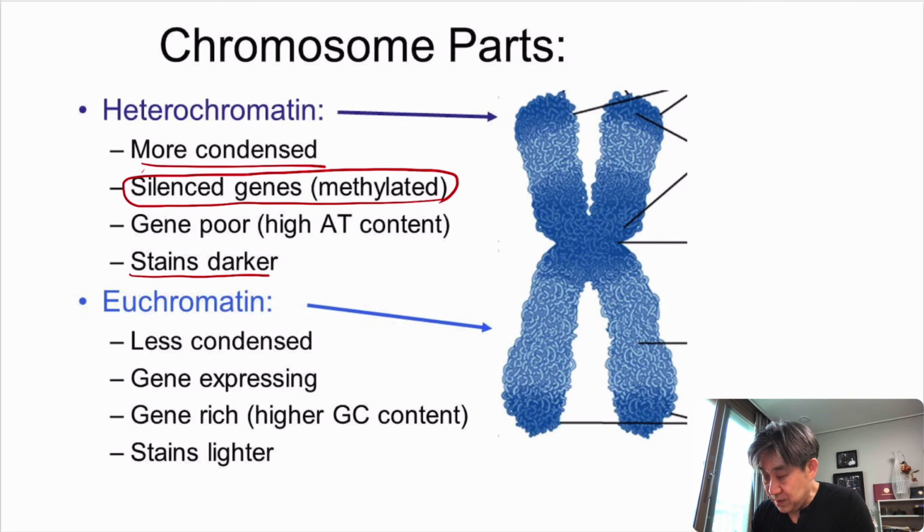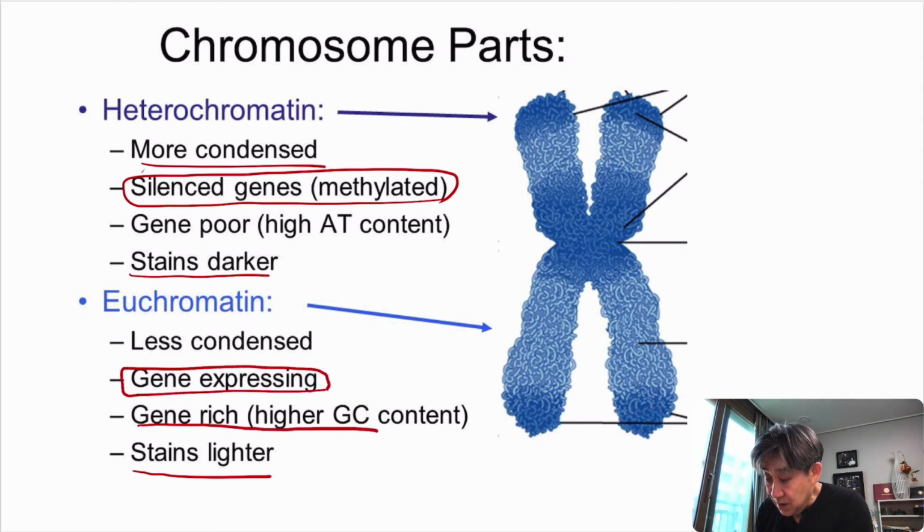And if you apply some specific staining on the nucleus, heterochromatin areas pick up this staining better, so they stain darker, whereas euchromatin areas are lighter, and many genes are there, and those genes are actively expressed.